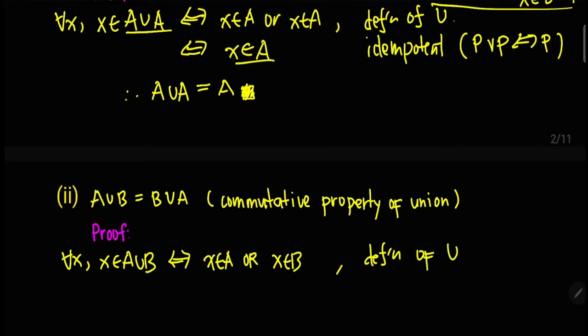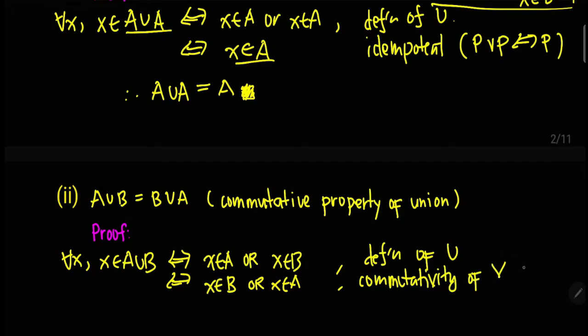Now, going back to properties of logic, we know that this is the same as saying that X is in B or X is in A, because the logical operator or is commutative. To recall again, P or Q is the same as Q or P. So if you remember, this is our symbol for the logical operator or.